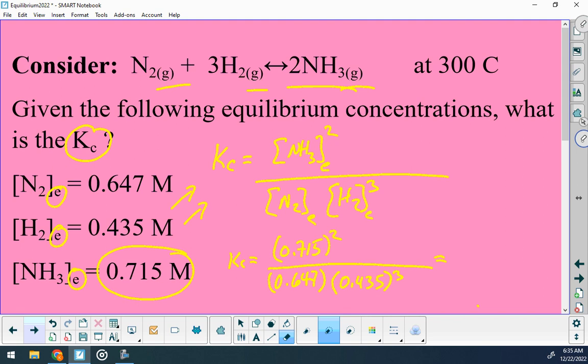Clear. So let's try that again. 0.715 squared, got it? Divided by 0.647, divided by 0.435 cubed.